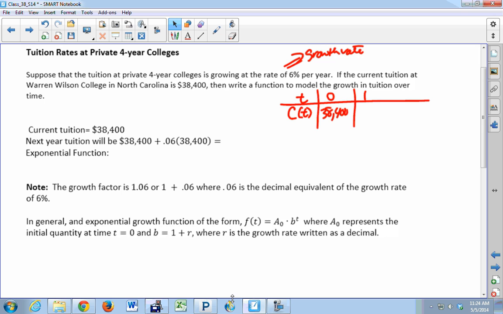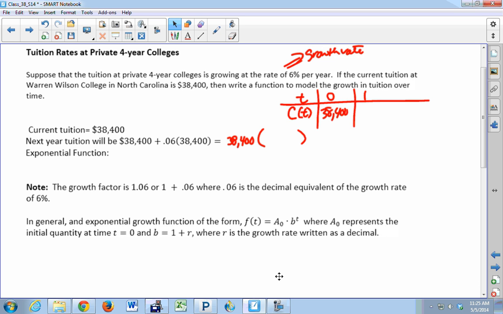So I can figure what that is by using my calculator, but what I want to do first is show you the idea of how to see this constant rate as a growth factor. We could actually calculate that if we want, but that's not what I want to do right now. Notice if I factor out 38,400, what would I have inside the parentheses if I pull 38,400 out? What would be my first term?